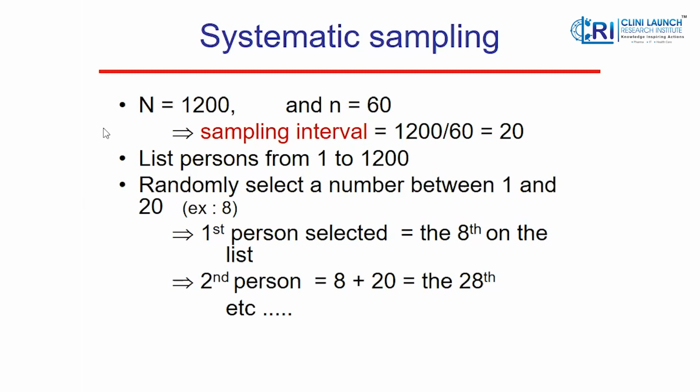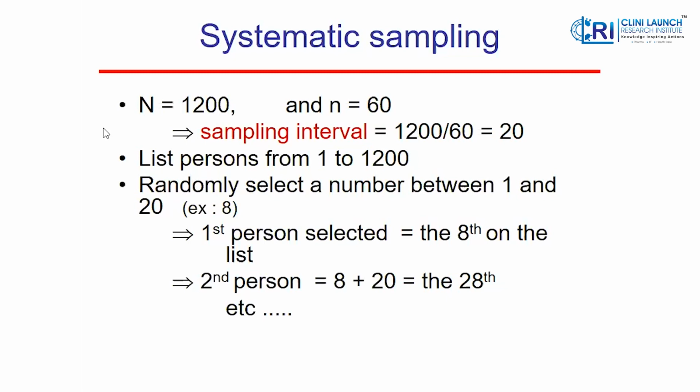For example, if you choose eighth, the first unit in your sample will be the eighth on the sampling frame, on the sampling list. And after that, after every 20th unit, you have to select your sample.